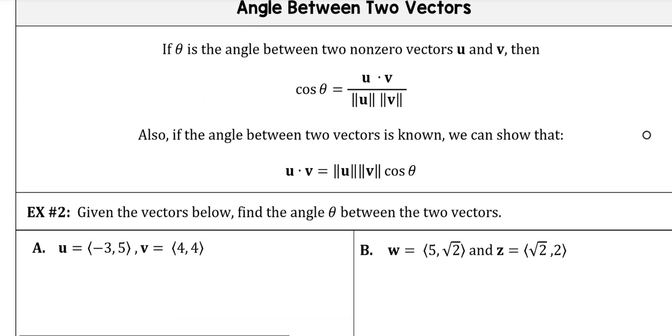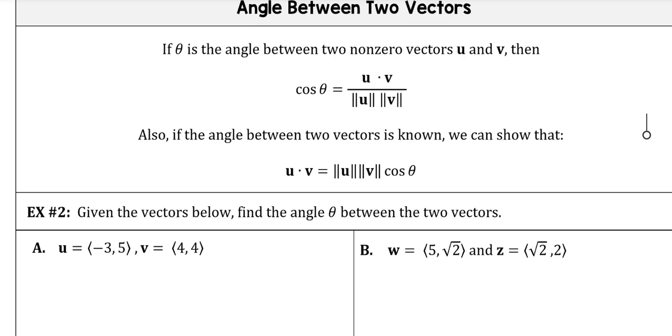To find the angle between the two vectors, we can use this relationship. If theta is the angle between two non-zero vectors u and v, then cosine of theta is u dot v over the magnitude of u times the magnitude of v.